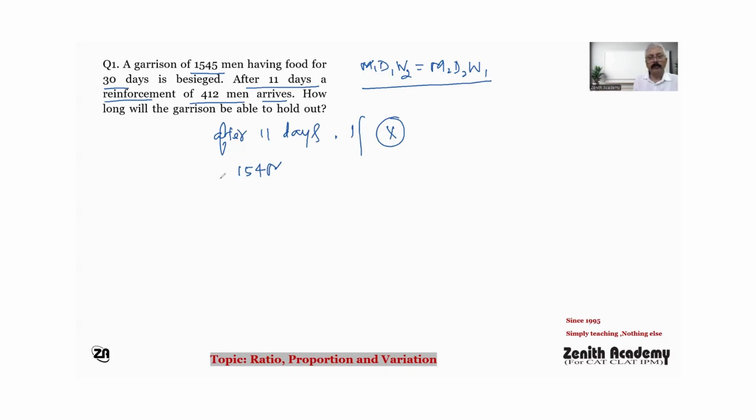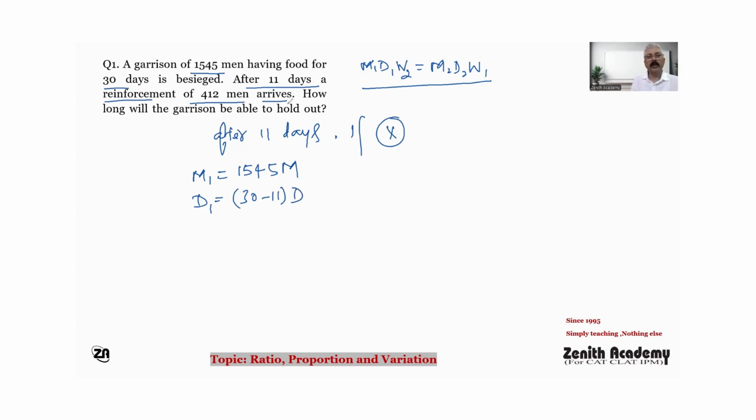1,545 men means M1. These 1,545 men can survive after 11 days, meaning 30 minus 11 days.